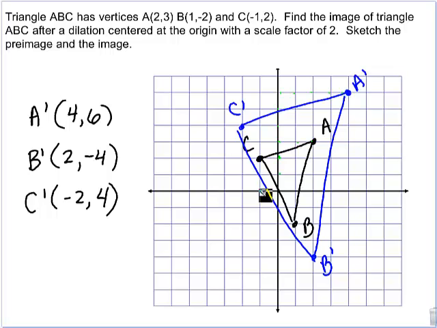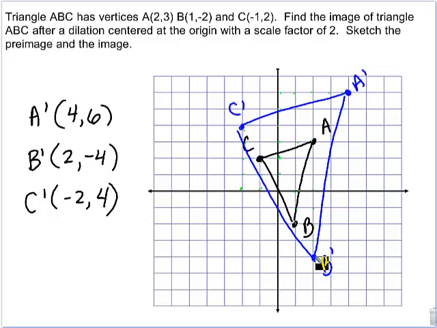The original C was 1 to the left and 2 up. So the new C should be 2 to the left and 4 up. The original B was 1 over and 2 down. So the new B should be 2 over and 4 down. Does that make sense? I mean, it essentially is doing this. You would just be doing it on your graph right away without writing this step out of writing your points down. Make sense?